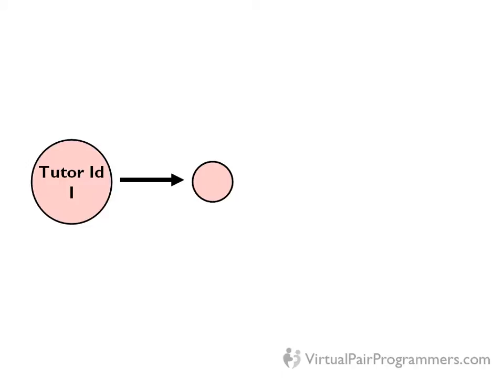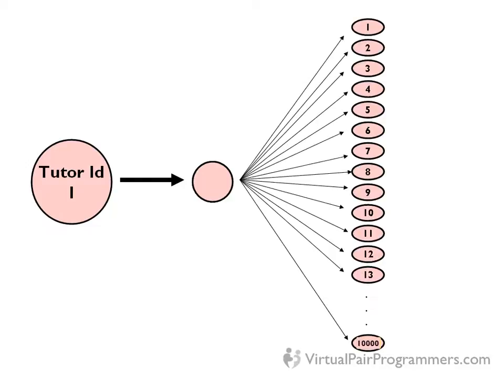Then, when we access the first of those students, even though there might be 10,000 students in this tutor's collection, they will all be loaded immediately using a single select statement. There is no feature in Hibernate that will allow you to somehow load just some of those students.